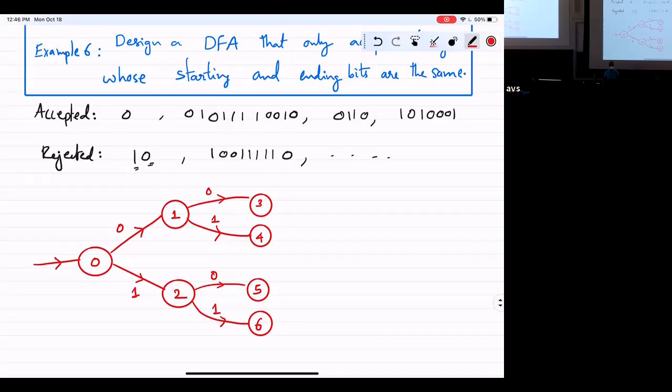So the goal is to have the ending bit the same as the starting bit. So state 6 is going to be an accepting state, and state 3 will be an acceptance state, and then you have edges going from state 3. If you get a 0, you end up at 3 again. Okay, I get it.